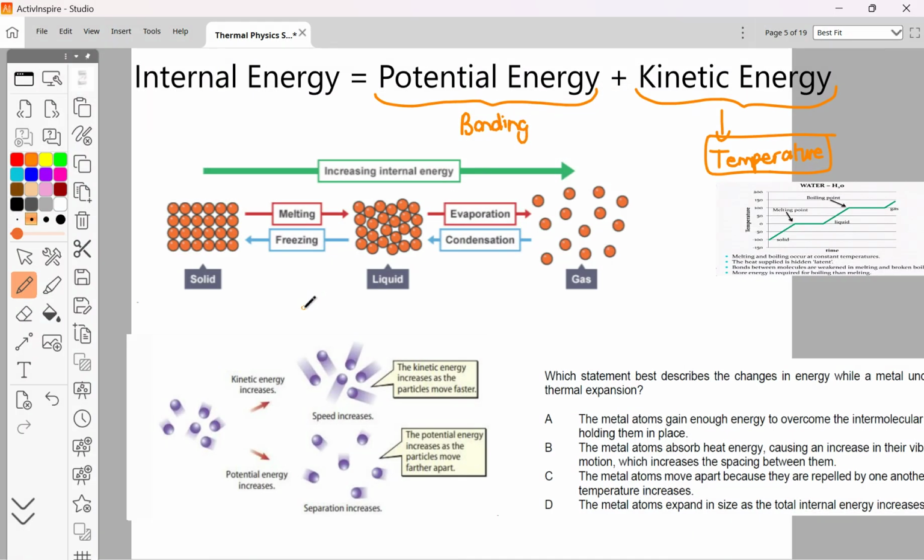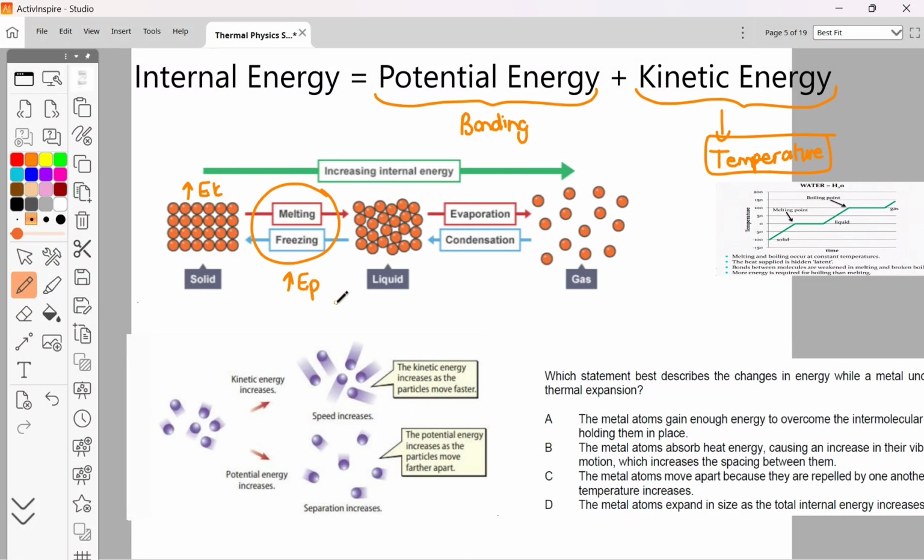So that is why, when you have a solid and the solid is just increasing in temperature, then we can have an increase in kinetic energy. But as soon as the phase is changing, that is then going to be an increase or a decrease in the potential energy of the particles.